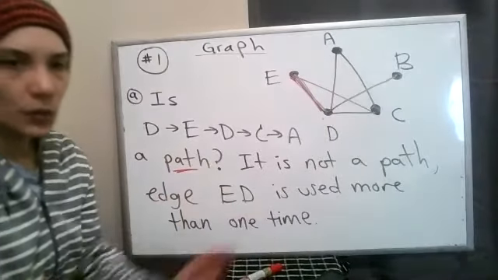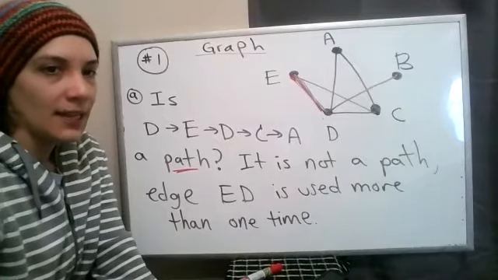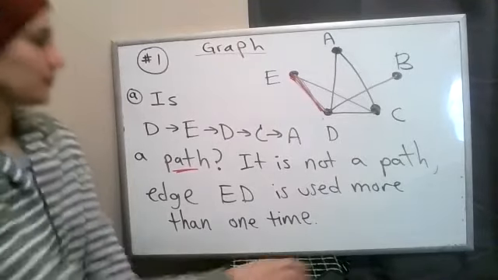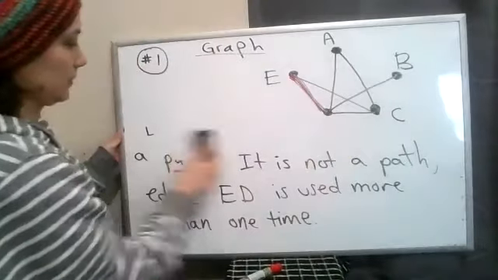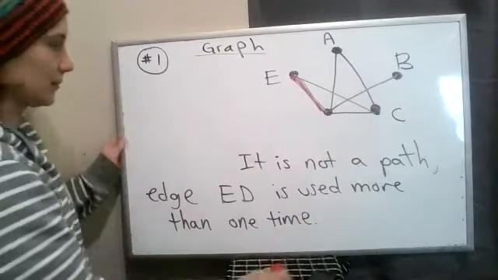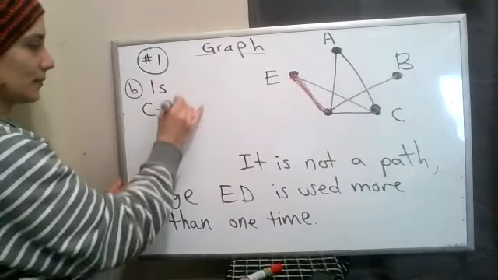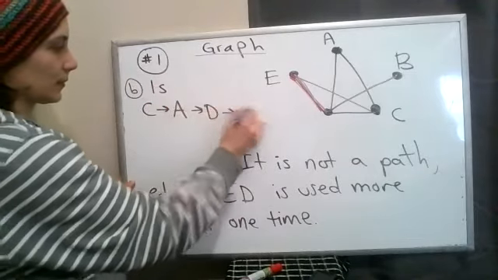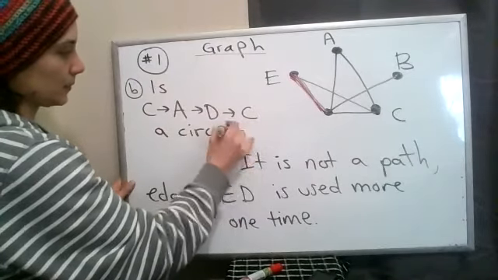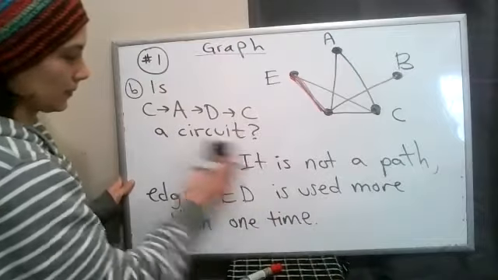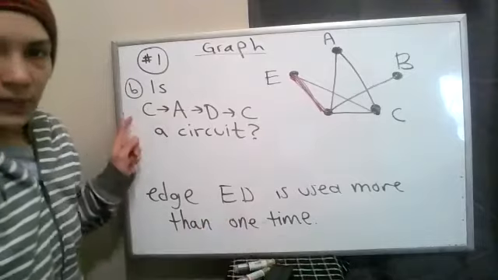Okay, we're going to go on and ask if C, A, D, C is a circuit. Okay, let's check this out for a minute.